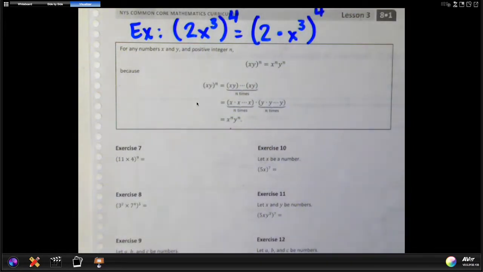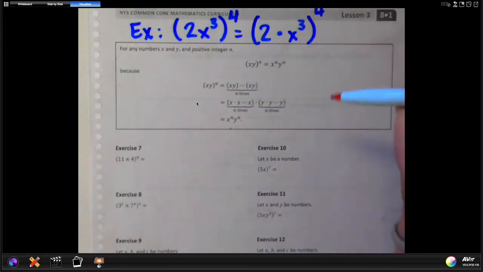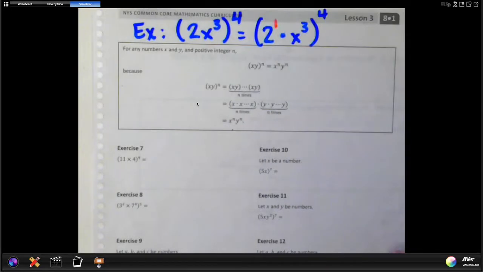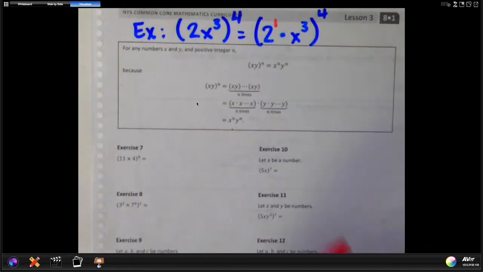Well, a few lessons ago, we learned that every single number or variable does have an exponent on it, even if you can't see it. So this 2, even though you can't see the exponent, there is a 1 exponent on it. And so what that means then is we are going to actually multiply the 4 with every exponent on the inside.